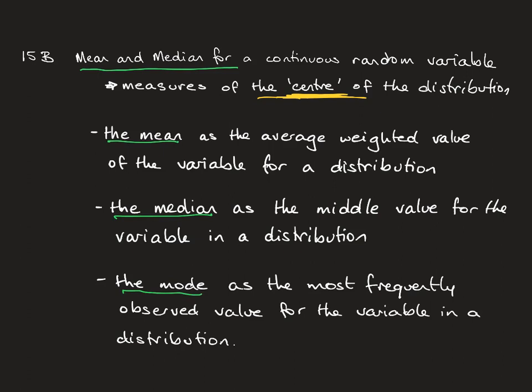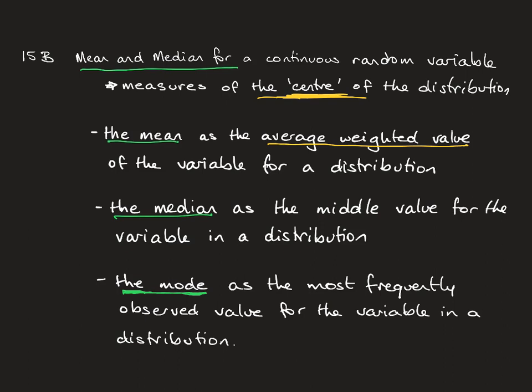Now the mode is not actually listed as part of the methods course, but it's one extra thing that's very, very small, and you may as well know it. Why not? So we're going to look at the mean as the average weighted value for the variable in the distribution.